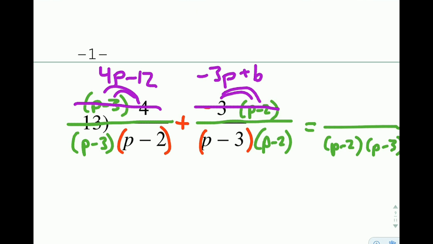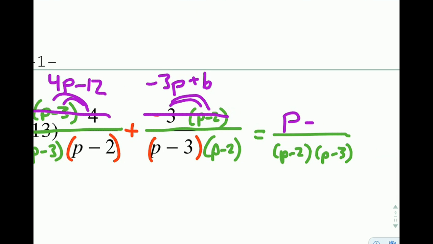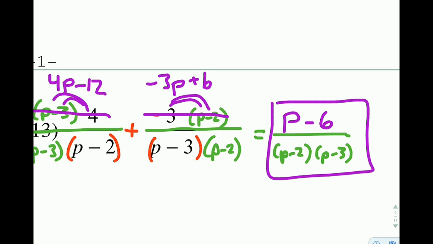Cross that out. And now I can add my like terms. I have 4p and a negative 3p, so that's just going to be 1p or p. I have negative 12 and positive 6, which is going to be a negative 6. So I have p minus 6 on top. And my denominator stays the same as it was all the way across, my common denominator. And that's going to be my final answer.